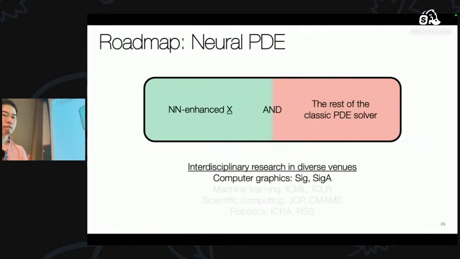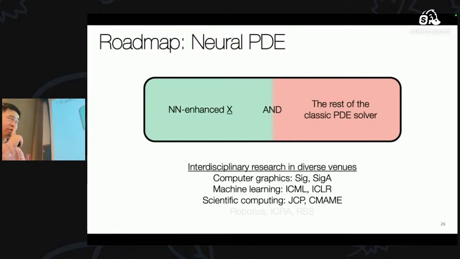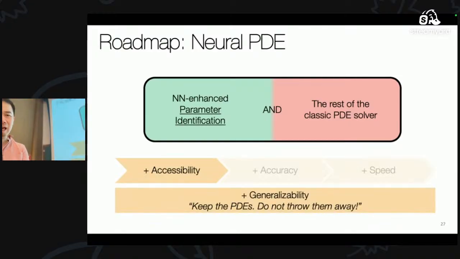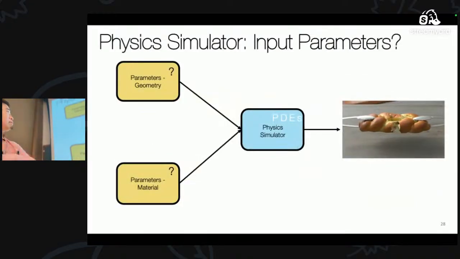So, yeah, I publish mostly in computer graphics, but also in machine learning, scientific computing, and robotics. I'm a big believer that what we do should be cross-disciplinary. The first thing is parameter identification.